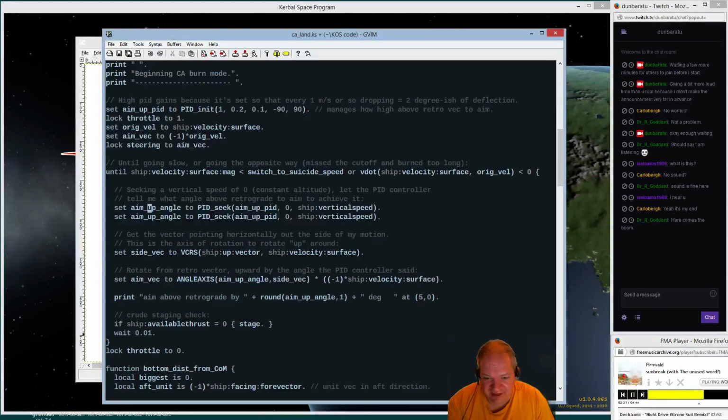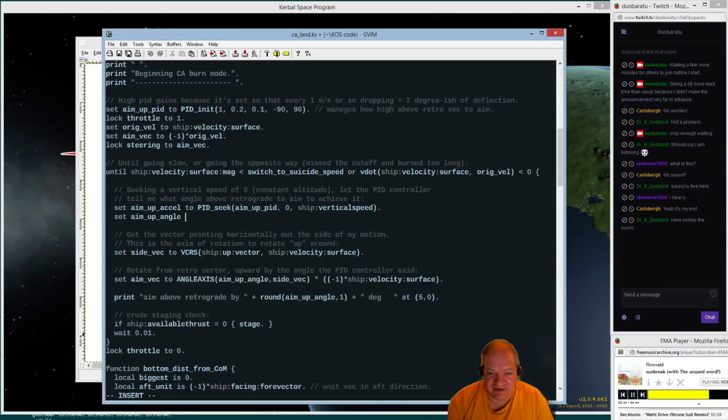Instead of setting the aim up angle to this, we will set the aim up acceleration to that. The aim up angle will be, let's see, the current available thrust, I think is what I'm looking for? Yeah.